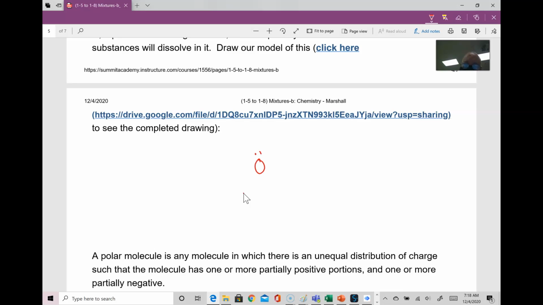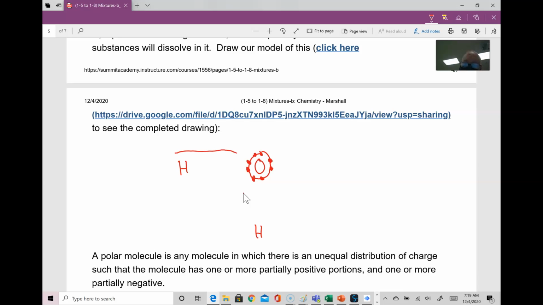This isn't like an official diagram or anything like that, but this is how I view the idea of this unequal charge distribution. Remember, we've got 6 electrons for the oxygen atom, and then each hydrogen atom adds an additional electron. We have the outer shell of the oxygen here, and that's got these 8 electrons in it because it's sharing 2 electrons with hydrogens.